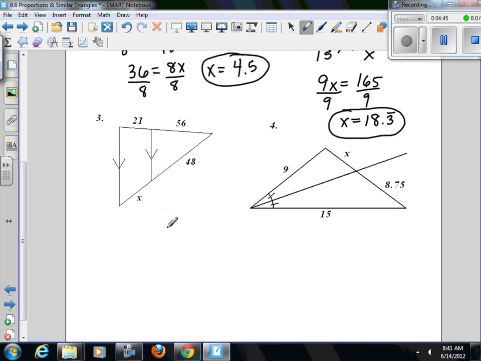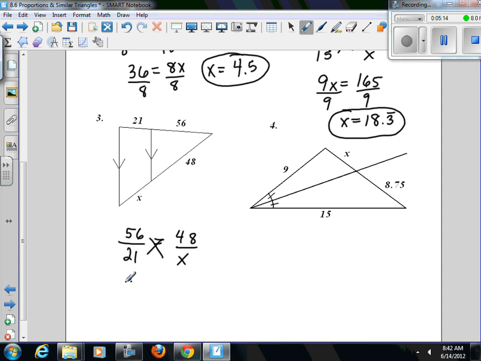Now let's take a look at this one. Again, it's the triangle proportionality theorem. Just what we learned before, the triangles just turned in a different direction. So we know that the ratio of 56 over 21 is equal to 48 over x. And let's cross multiply.